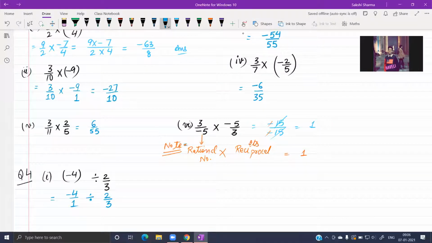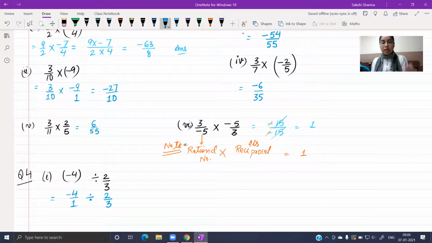Okay ma'am. So now you can see what I've done here. I have not done anything yet except changing -4 and writing it as a rational number. I have just written -4 as a rational number by putting 1 in the denominator.